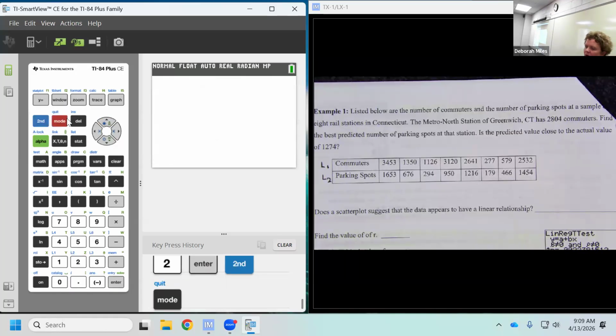Second, quit to get out of that. Do you remember how to make the stat plot? If I already have it set up, which we last week learned how to set up, how do I get it to actually draw the scatter plot?